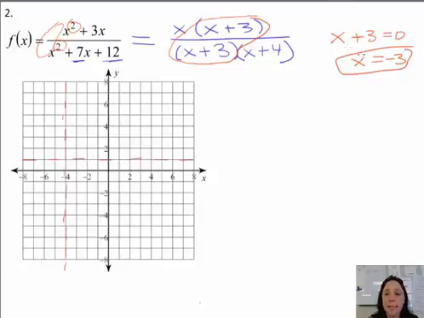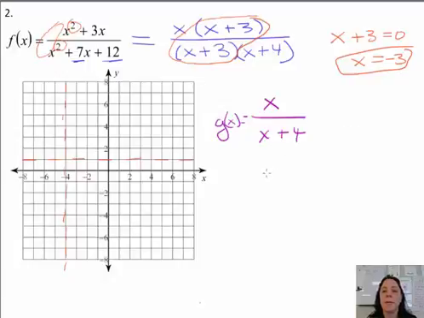Now let me find the y value of this. I'm going to look at the equation that I have left if I take out this factor of 1. So I'm looking at x over x plus 4 for my g of x, in which I've removed the hole so that I can find the y value where x equals negative 3.